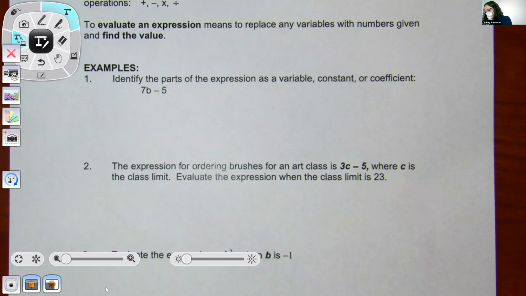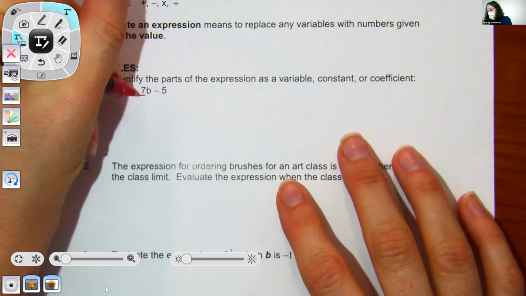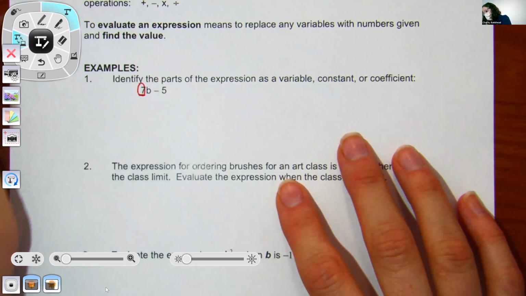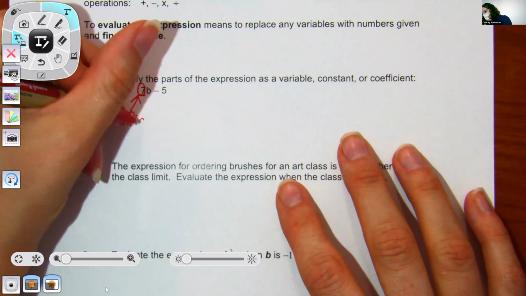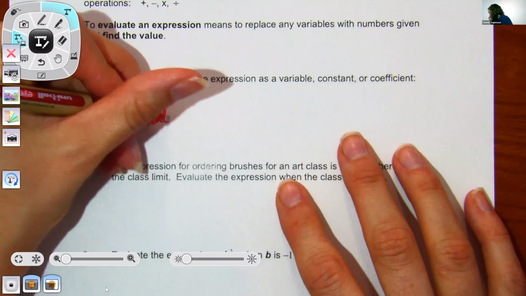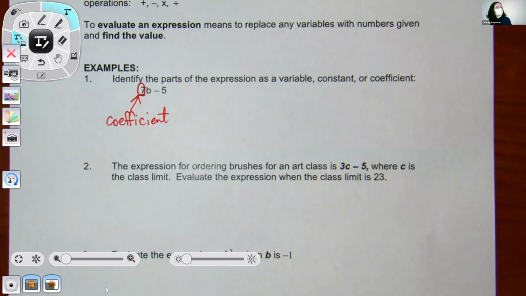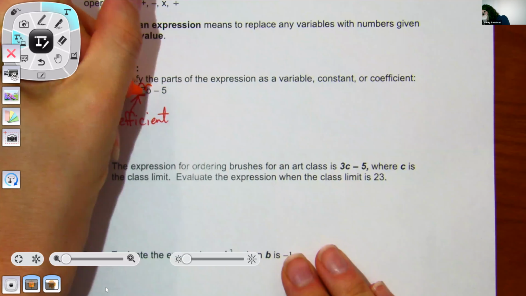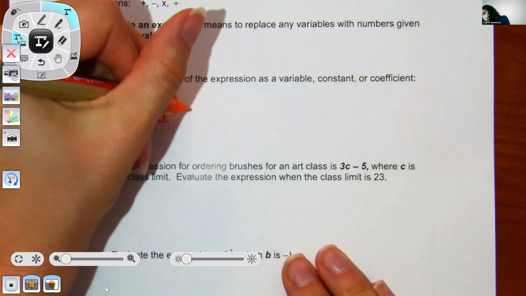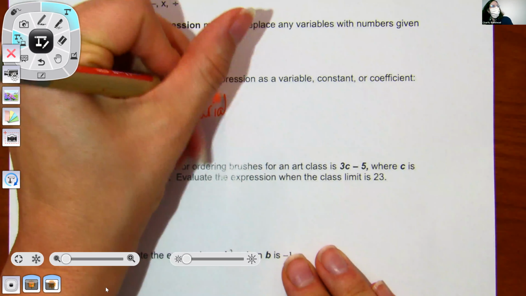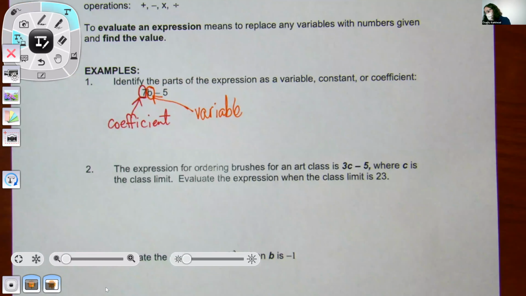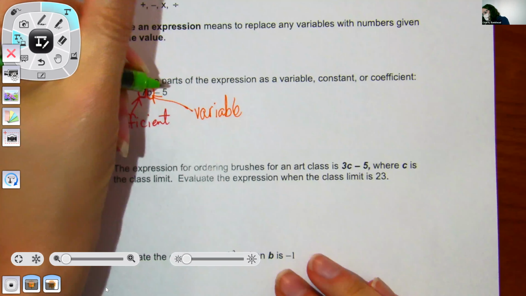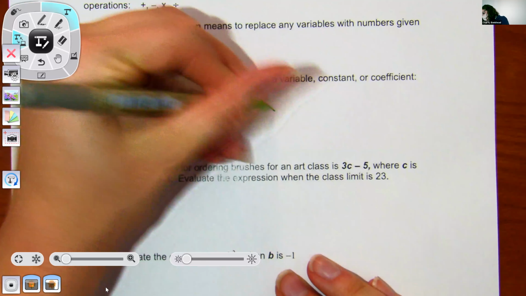Okay, so 7 is the coefficient, and B is the variable. And 5 is the constant.